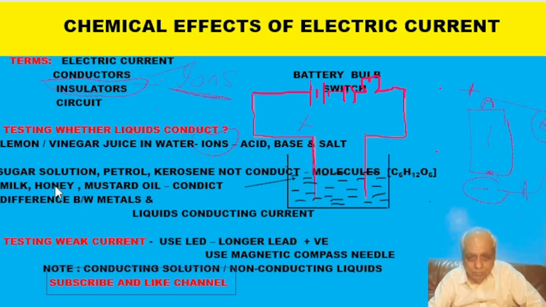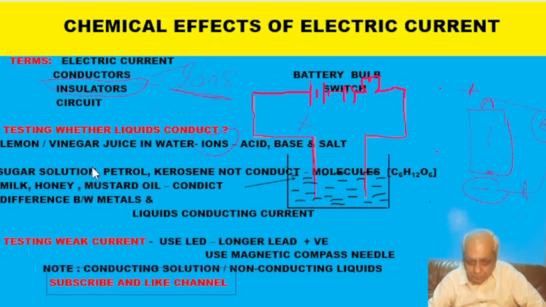Is it all right? So you should learn that substances, when dissolved in water, if they dissociate and form ions, then they conduct electricity, otherwise they do not conduct. Is it okay?